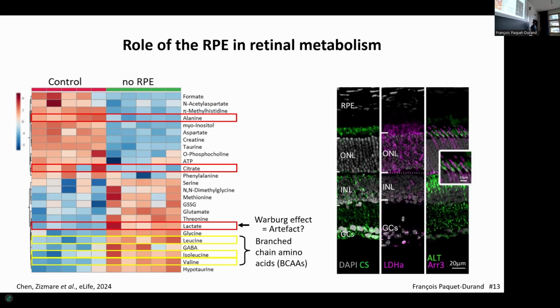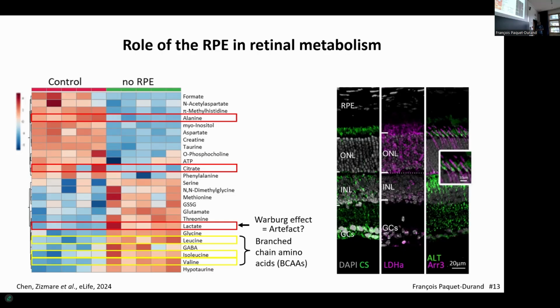When you go back to his 1923 papers, you understand that what he did with the retina was to explant it without the RPE. So the lactate release that he measured is probably an artifact from not having RPE. At least that's what I'm proposing here. So in normal conditions with an RPE, the retina wouldn't do it, or at least not so much.